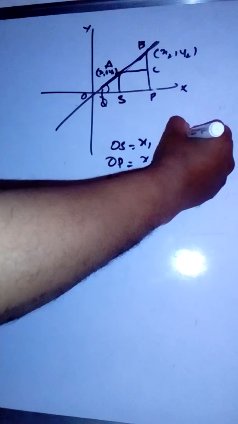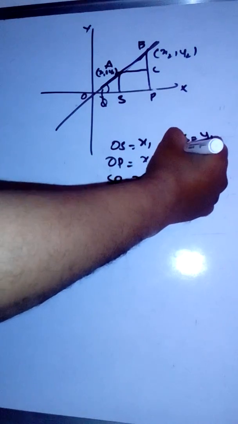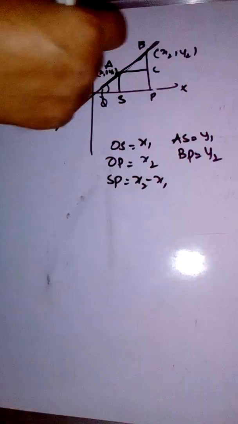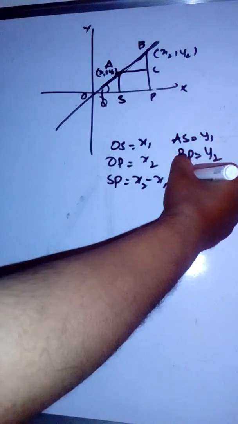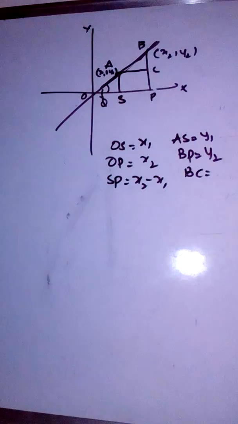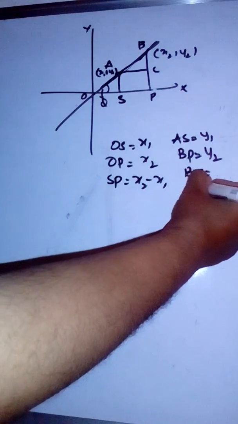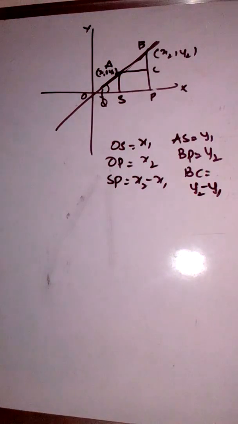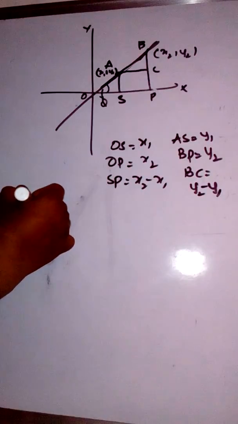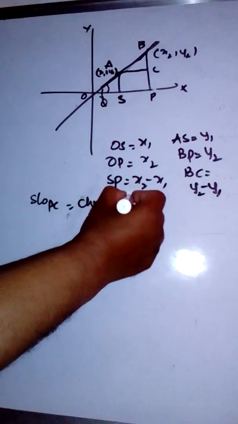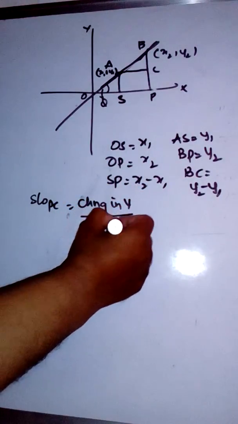Similarly, we have AS equals y1 and BP equals y2. So BC is given as y2 minus y1.